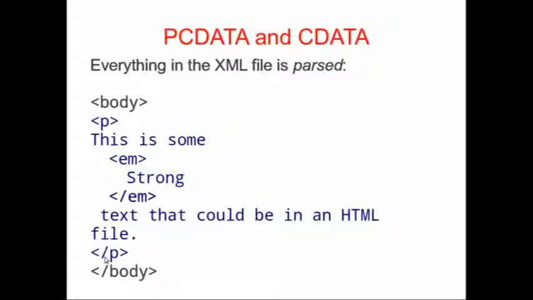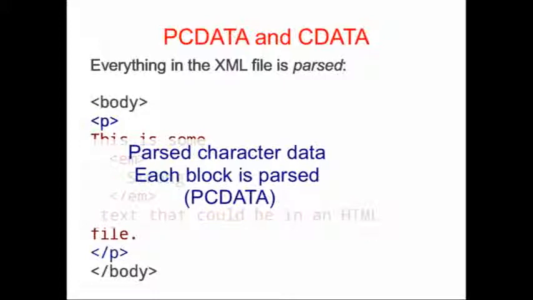And so next we parse out those and take a look at the text within that. And then we identify that there's some more tags inside that block. And so finally we parse out the text within those tags. This is PCDATA, parsed character data. Everything is parsed, all of the tags are identified.